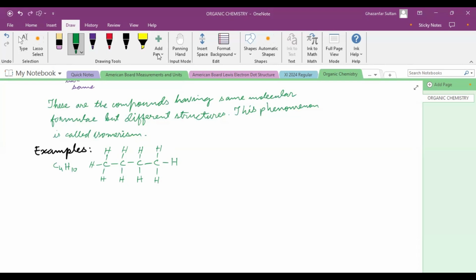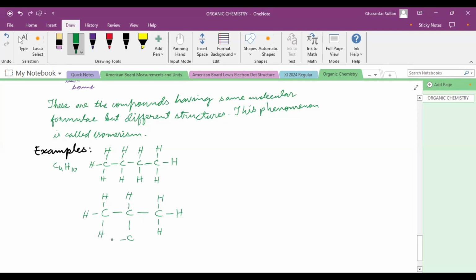But it can be arranged in another way, that 3 carbon atoms in a chain, but one as a branch. So now satisfy its valency with hydrogen atoms. There should be 1 hydrogen atom. There should be 3 hydrogen atoms.